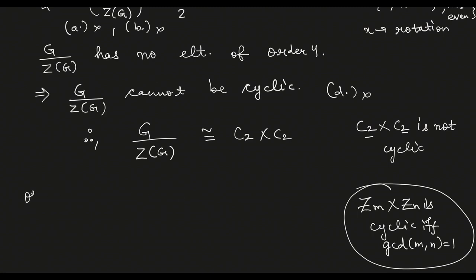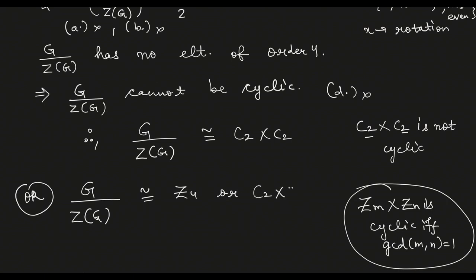एक और वे से भी कर सकते हैं, वो वाला भी बता देती हूँ। So G/ZG has order 4, so it can be either isomorphic to Z4 or it can be isomorphic to C2 cross C2, because both have order 4.